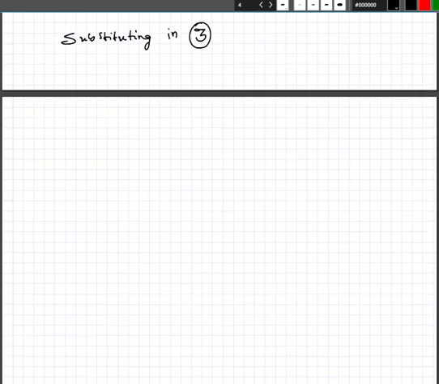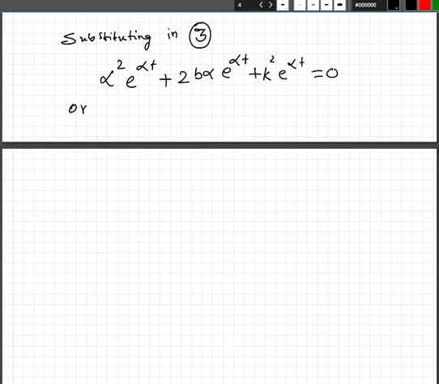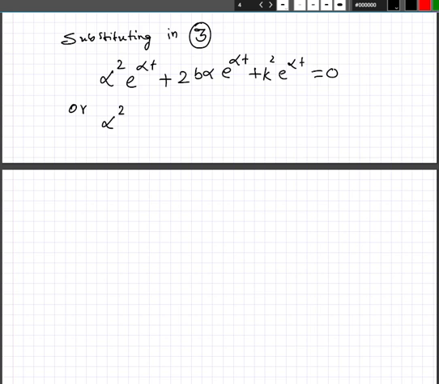What do we get? Substituting in equation 3, you get alpha square e to the power alpha t plus 2b alpha e to the power alpha t plus k square e to the power alpha t is equal to 0, or alpha square plus 2b alpha plus k square is equal to 0.